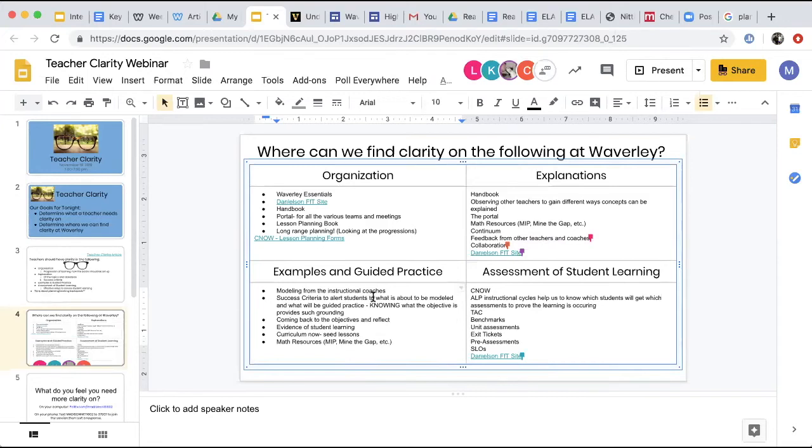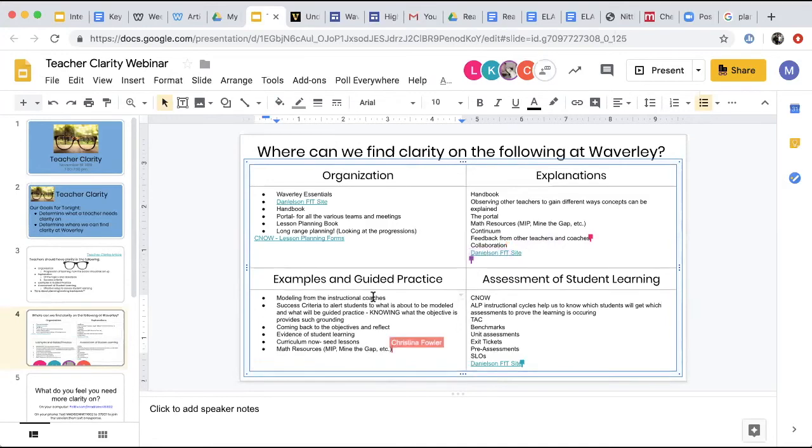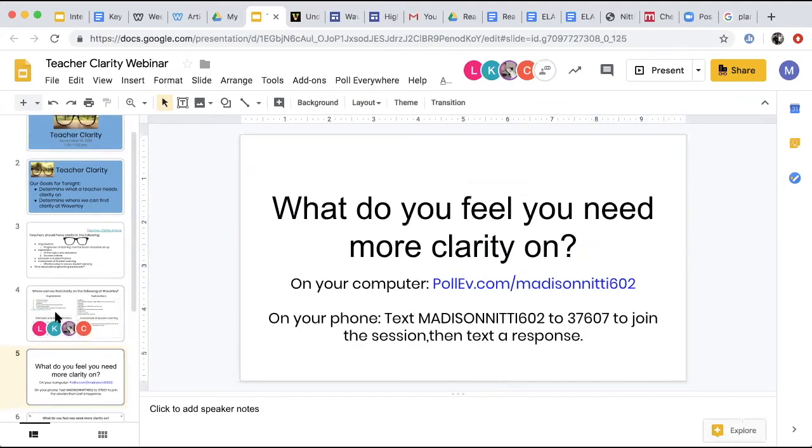I feel like we have a good list going on right now. Ooh, writing checklists, yes. Oh yeah, that's good. I feel like we could even use checklists for explanations.